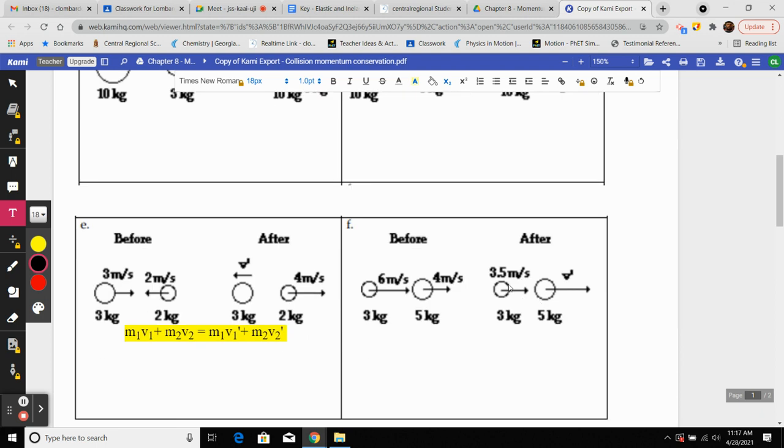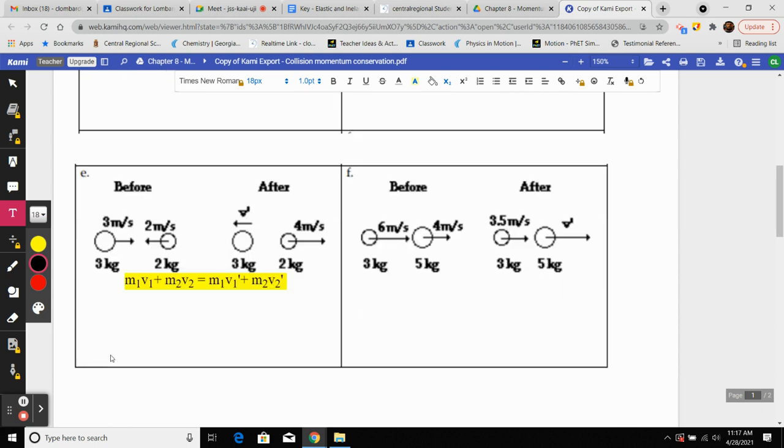So I do want to go through one of the examples of an elastic collision where the objects bounce off of each other afterwards. So again, the strategy you should use: figure out the right equation, put the equation underneath the drawing. From there, start to fill out your pieces of information.